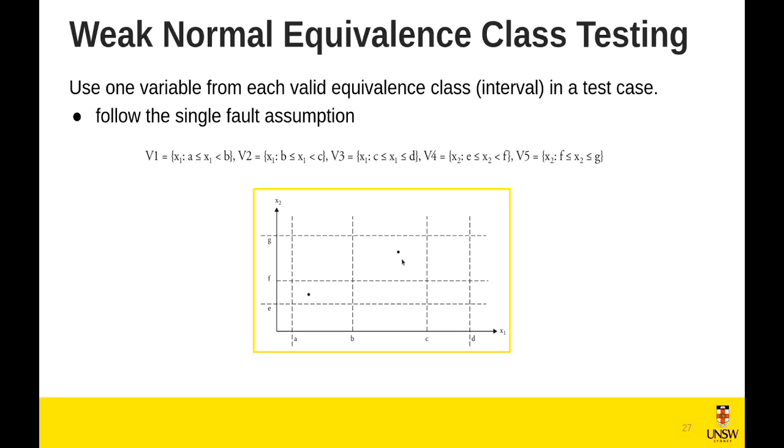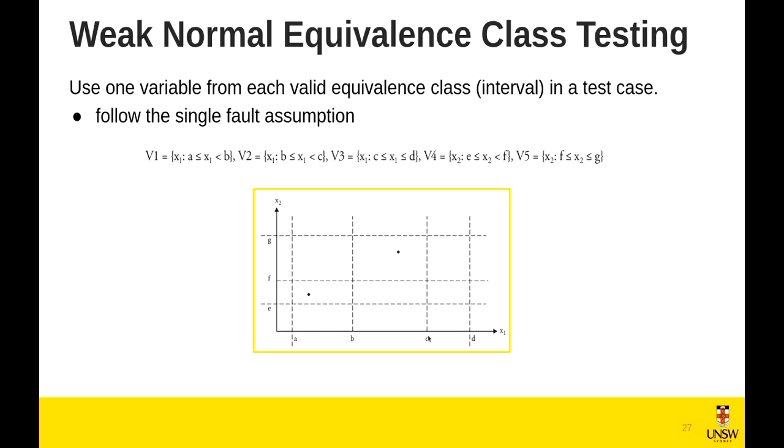And when we do the second point, because we only care about x1 now, let's move on along the axis of x1. After we have covered A to B, we now need a value in between B and C. Because we are covering E and F for x2, now let's cover F to G for x2. So that's why we take this point.